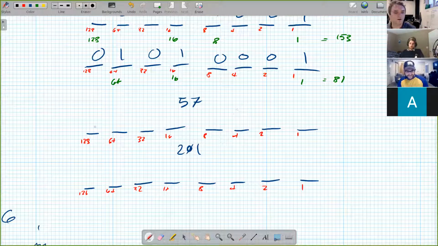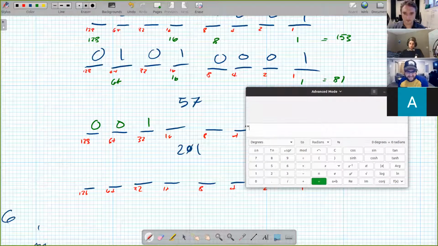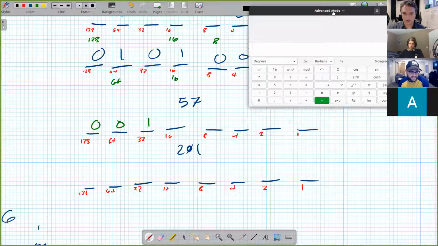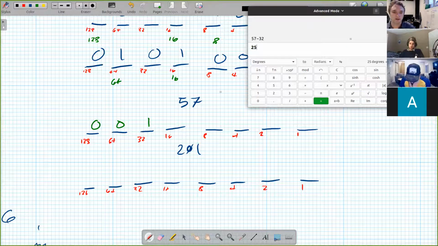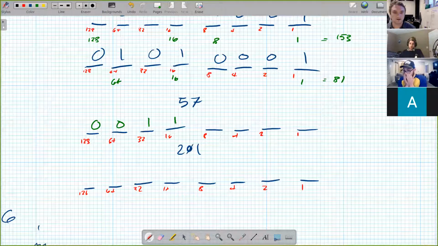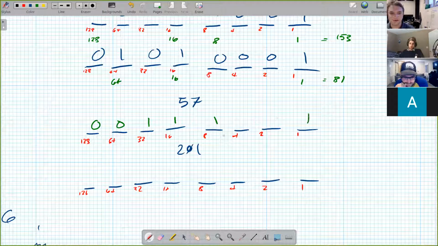All right, so 57. If I do 57 minus 32, now I'm trying to get to 25. Is there a 16 in that? Yes, there is. Now I want a 9. Cool, I can figure that out from here. That and that. So there's my number.